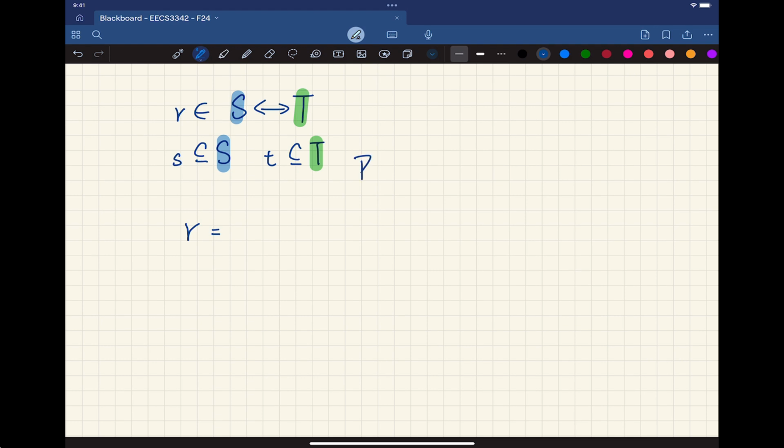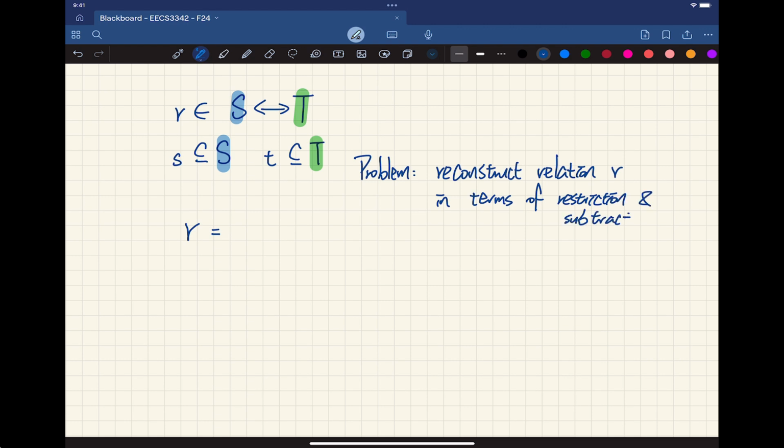So the problem is we want to reconstruct relation R in terms of restriction and subtraction. All right, that's the problem. I'll give you one rule to think about to start with.